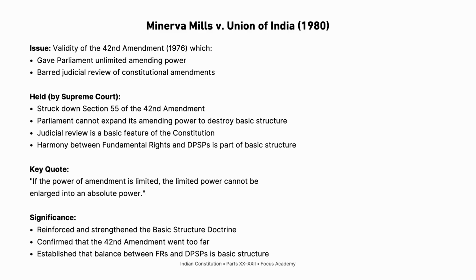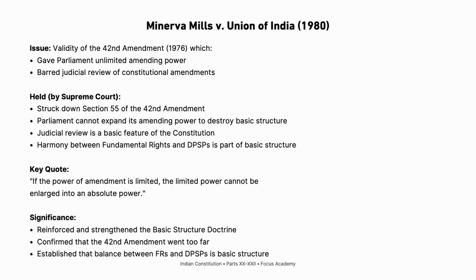There were some malpractices in the election. The election was rigged. Okay, it was proven. So, the issue was the validity of the 42nd Amendment Act, which gave Parliament unlimited amending power and also barred judicial review of constitutional amendments.